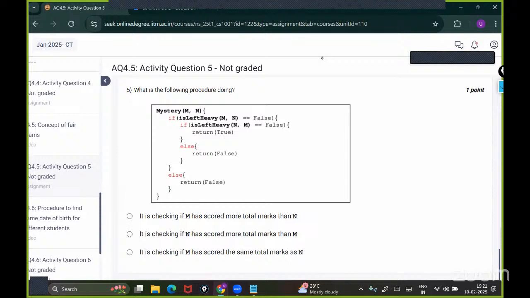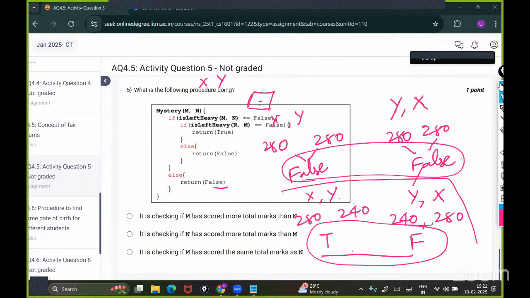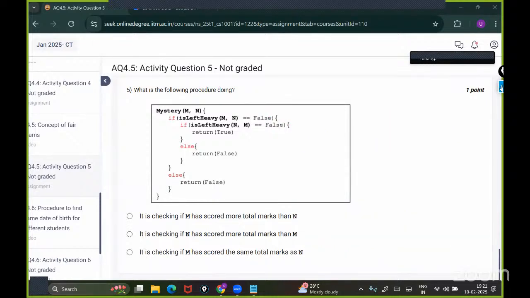When will we get both the things as false? Am I audible, people?